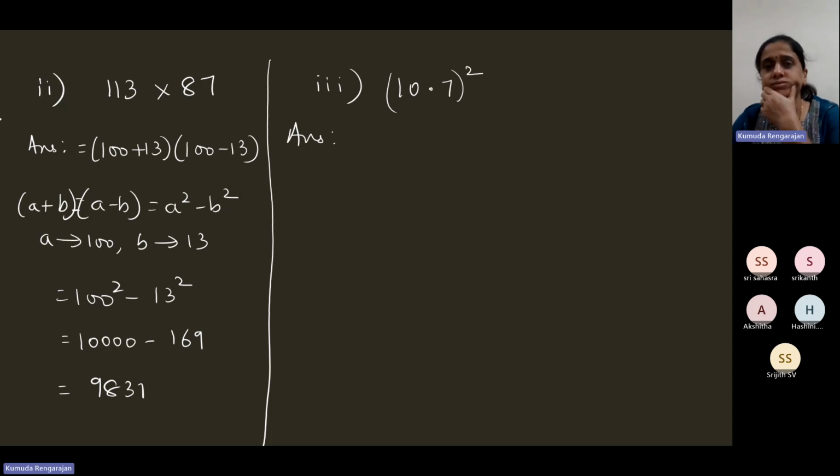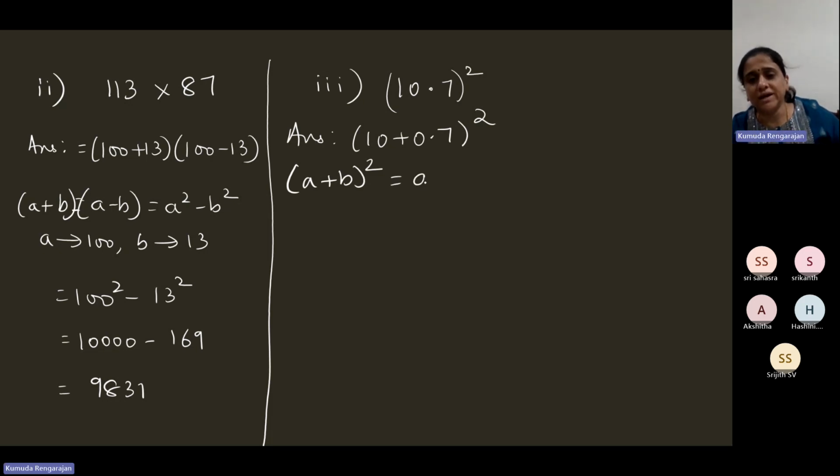Yeah, that's correct, the procedure is right. So 10.7 should be written as 10 plus 0.7, the whole square. So this is of the form a plus b the whole square.